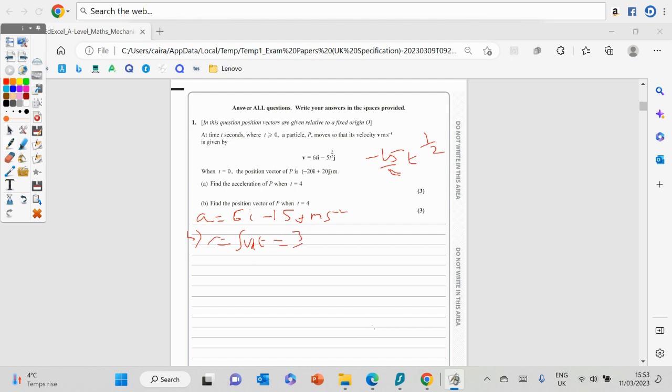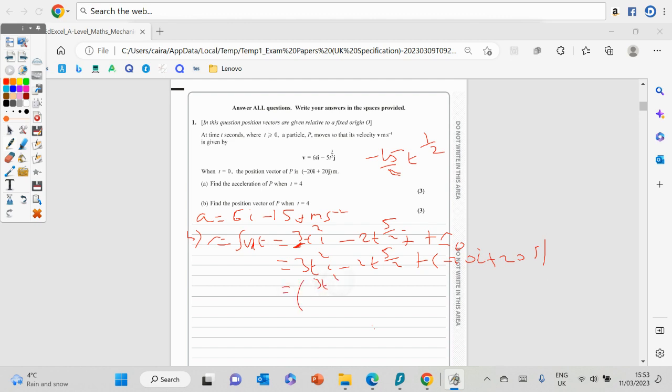If I integrate that, we're going to get 3t squared in the i component, minus 2t to the 5 over 2 j, plus some constant r0, which we're told in the question: minus 20i plus 20j.